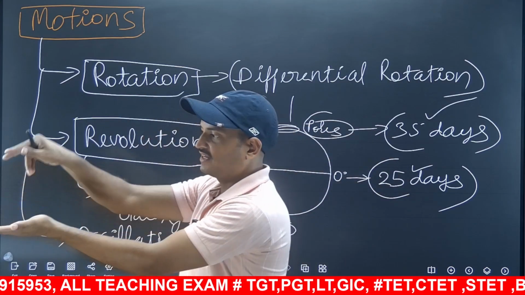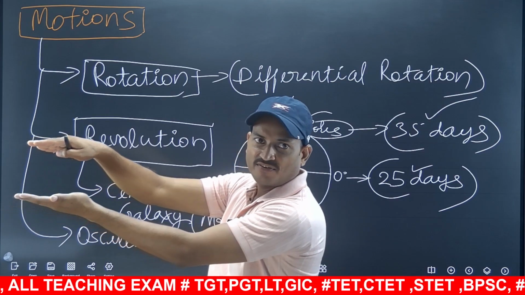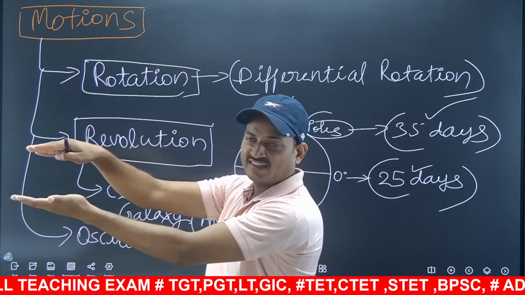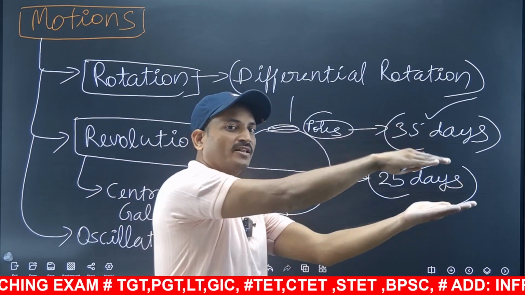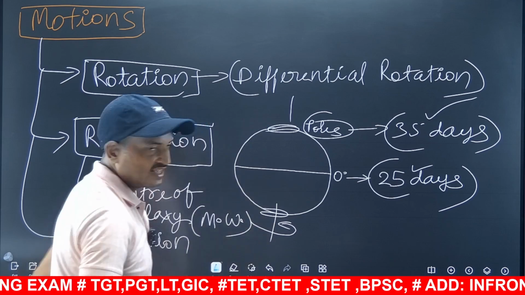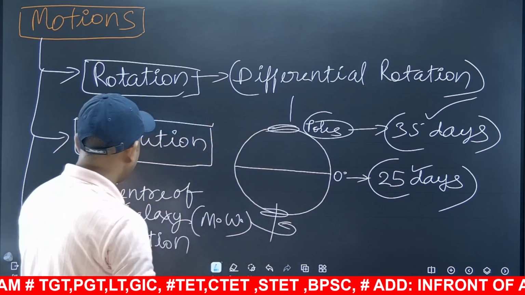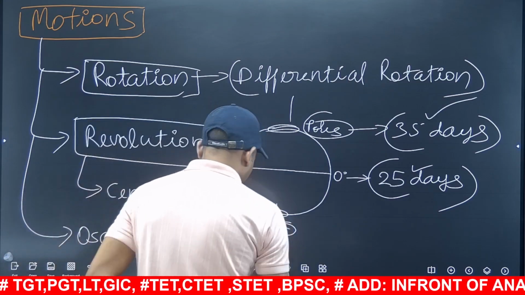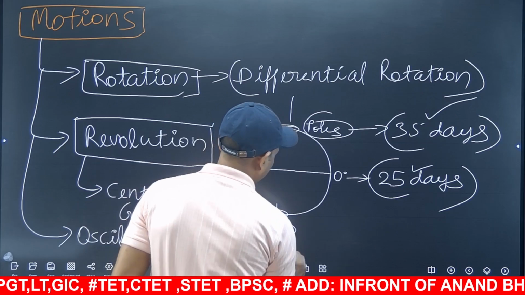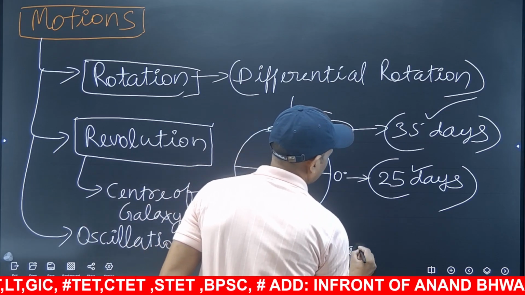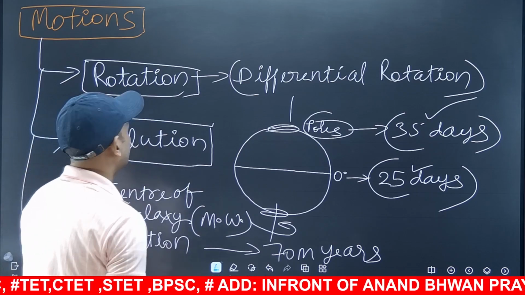For example, if my shoulders are the center of the galaxy, the sun is revolving like this, wobbling. It completes one wobble, meaning one oscillation, in around 70 million years while orbiting around the center of the galaxy. So this is the oscillation motion of the sun.